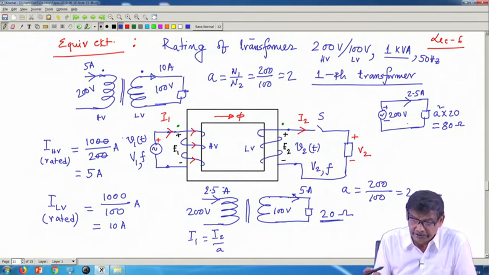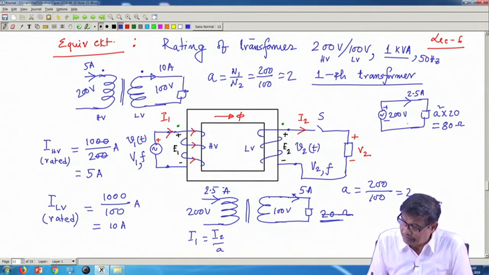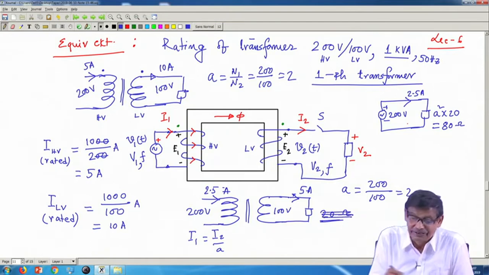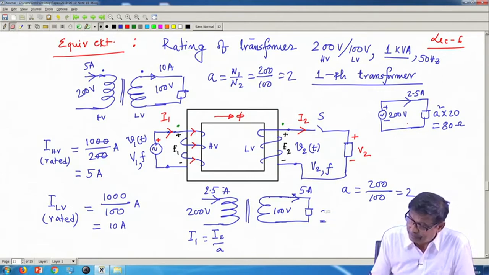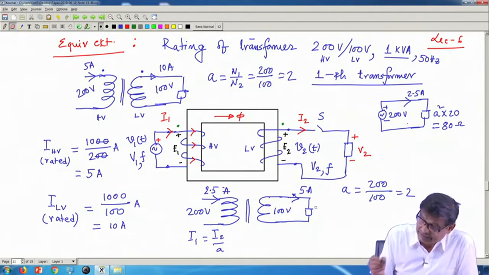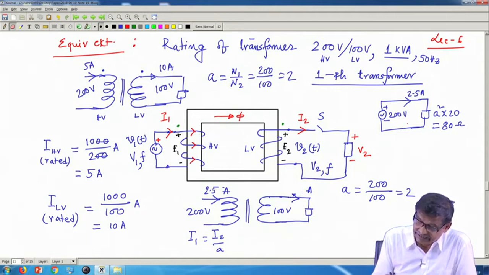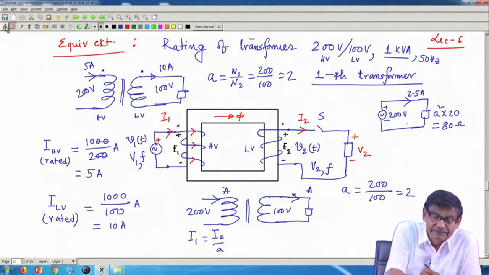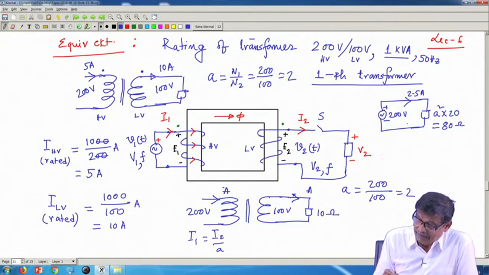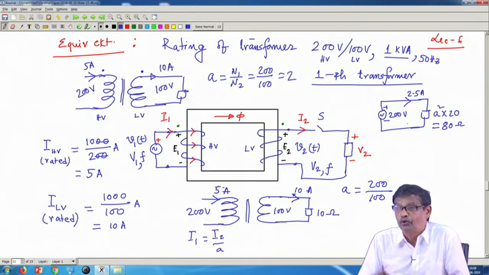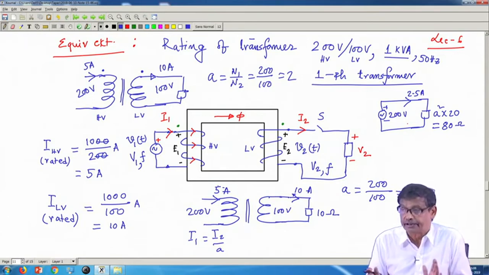Under full load, rated condition, I should connect an impedance equal to 10 ohm. Then this current will be 10 ampere rated current, and this current will be 5 ampere, and I will say the transformer is operating at full load condition when the currents are rated.